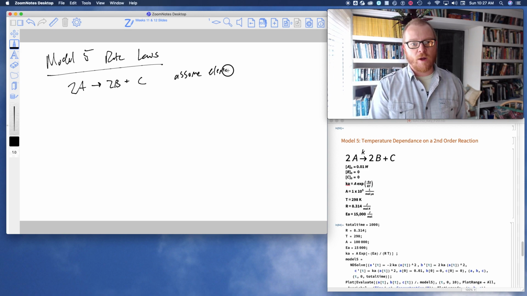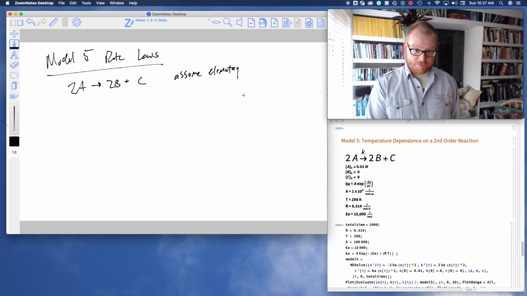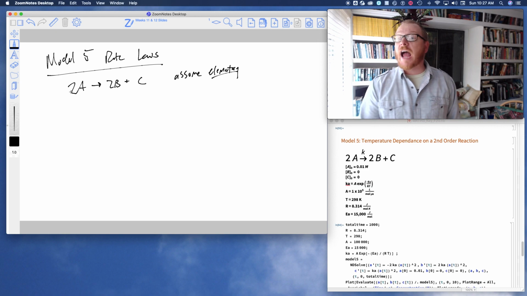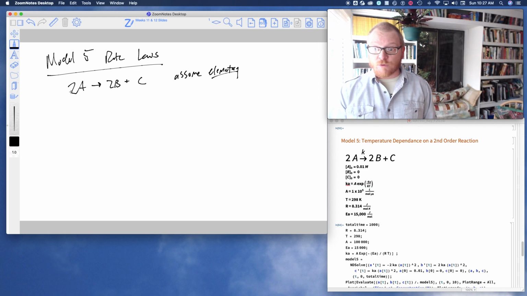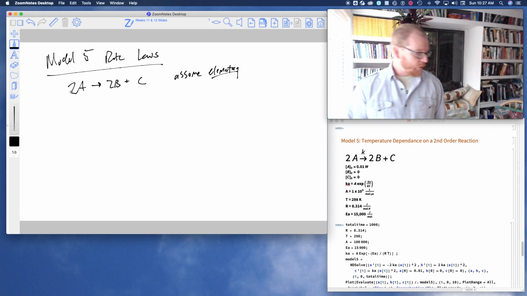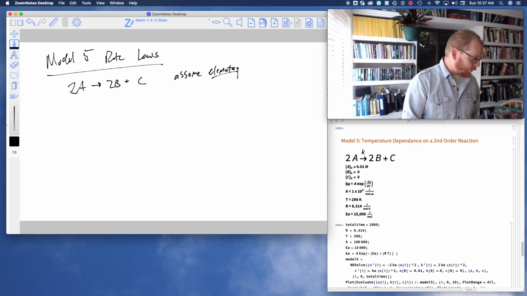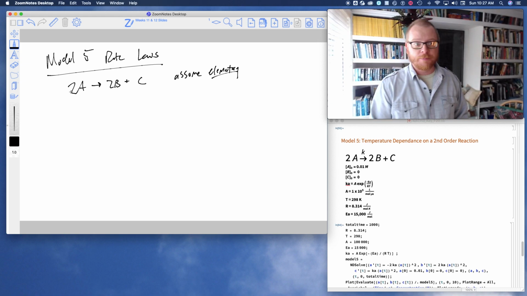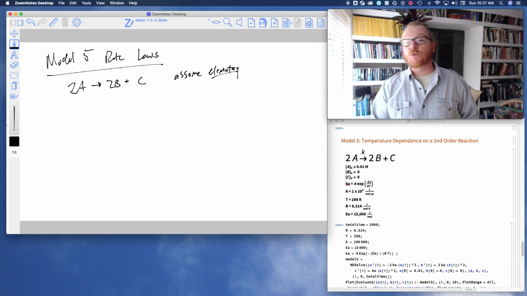But basically what that means is with elementary steps, the stoichiometry does give us the reaction order. Okay, and I'm going to talk about that next, but for now we're just going to go with this example. Okay, so now how do I get the rate law for everything?